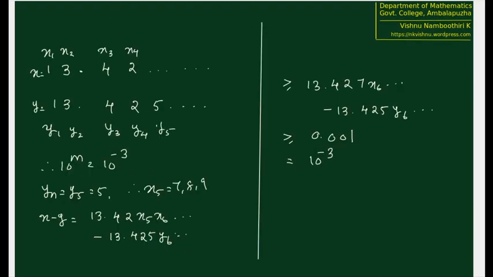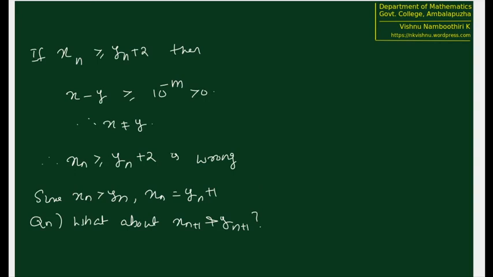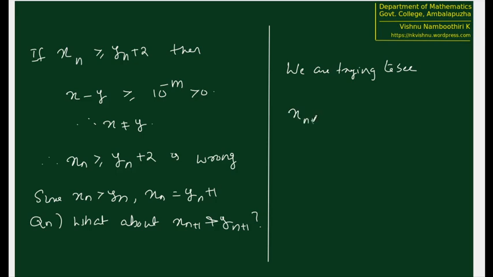Okay, so we are trying to see the following, that xn plus 1 is equal to 0, and yn plus 1 is equal to 9, if this is going to be true.